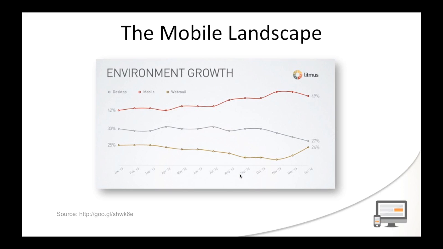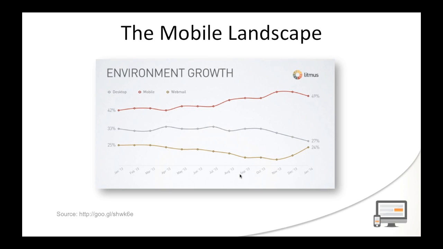This is the big issue now in email, which is the current landscape as it applies to mobile. This is data from Litmus, the provider of email testing and some analytics software. What you're looking at is basically the last 13 months of client market share.